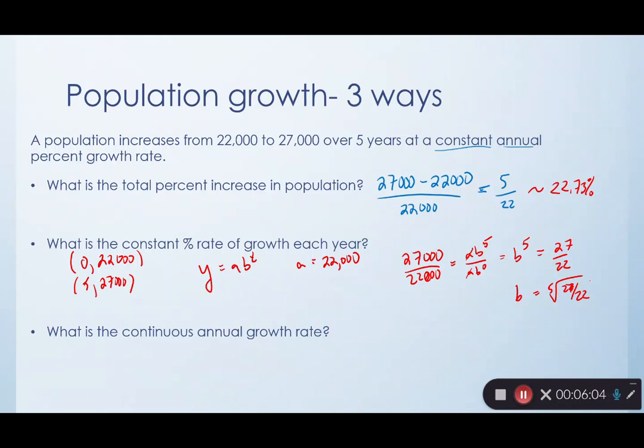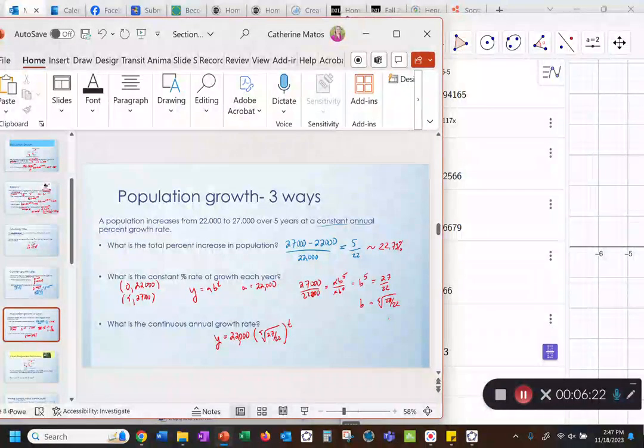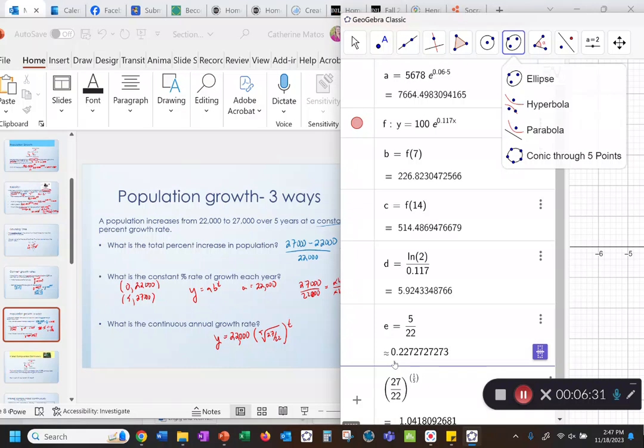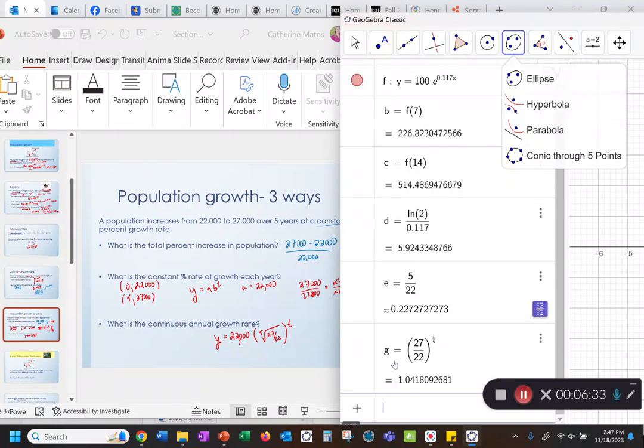So exactly for the model, we are looking at 22,000 times the 5th root of 27 over 22 to the T, but we want to know what kind of number that is. So we've got 27 over 22 all raised to the 1/5. There we go. So our B value is 1.0418. That's good enough.